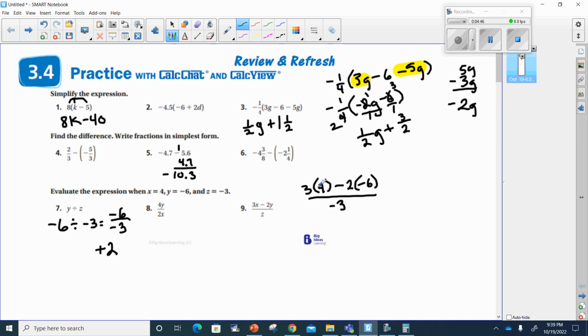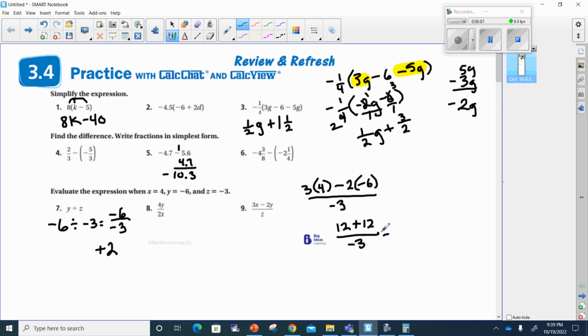All right, I know that 3 times 4 is 12. And -2 times -6, that's a positive 12. I know that because a negative times a negative is a positive, and 2 times 6 is 12. And that's going to be all over a negative 3.